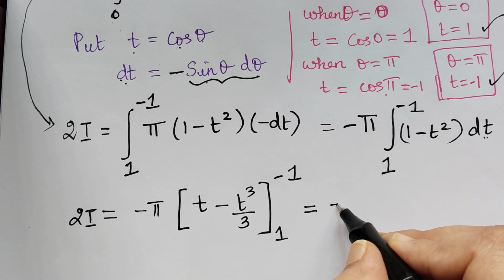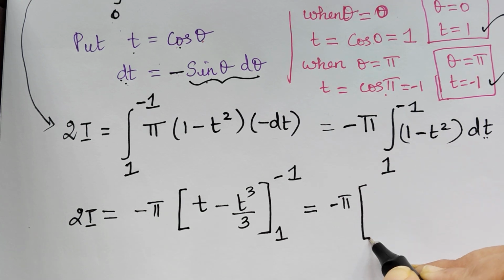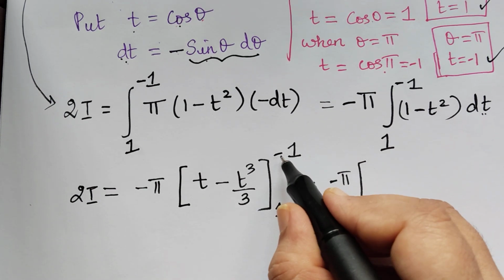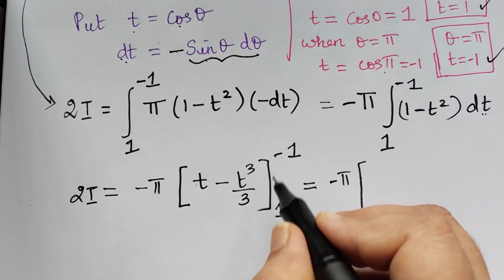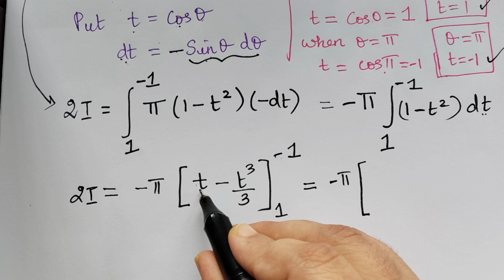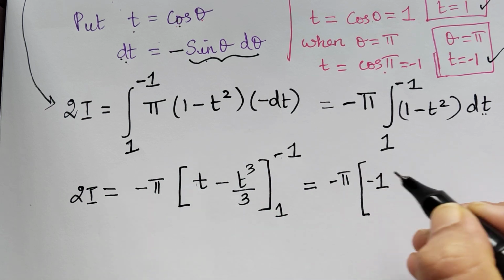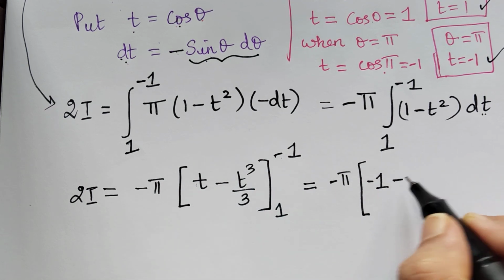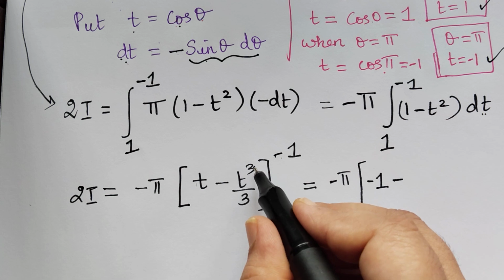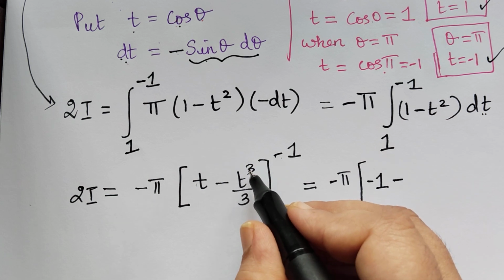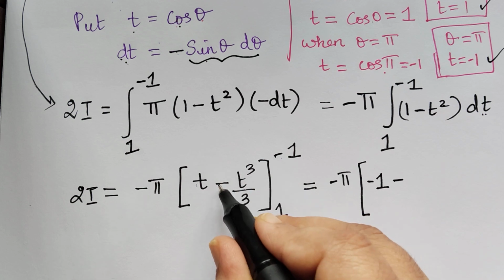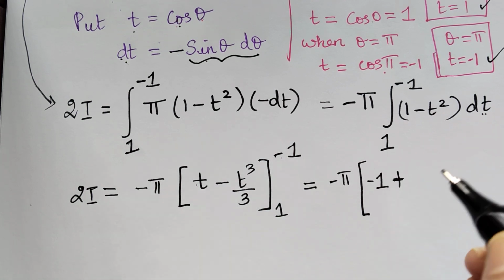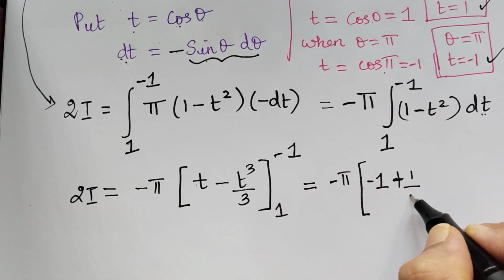Then that is equal to minus pi, and within the bracket, first we will substitute the upper limit. Upper limit is minus 1. So in place of t we have to put minus 1, and then minus, again we will have minus 1 cube, but minus 1 cube is minus 1 only. So minus 1 we have, and that gets multiplied with this minus, and so it becomes plus 1 by 3.